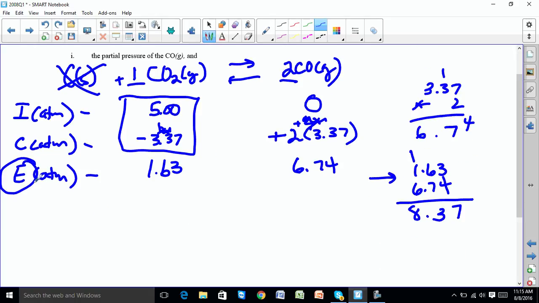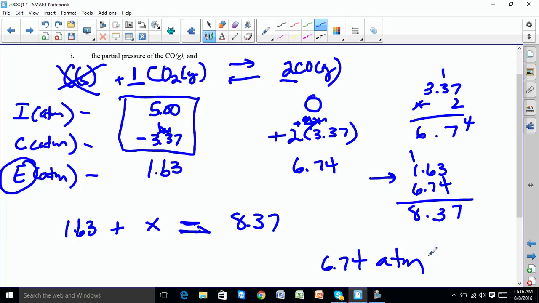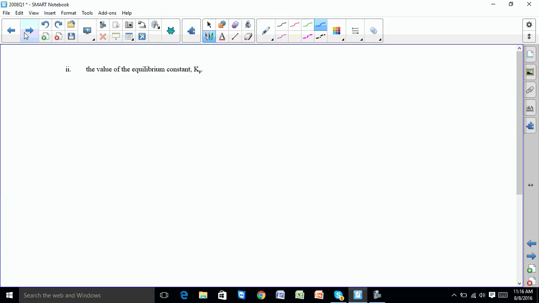What they do in the scoring guidelines is probably a little easier: 1.63, the pressure of the CO2, plus x, the pressure of the carbon monoxide, has to equal 8.37. Obviously, the total pressure is a sum. Either way, the answer to this problem is 6.74 atmospheres. I just like my way better because it uses the way that we teach you ICE charts.